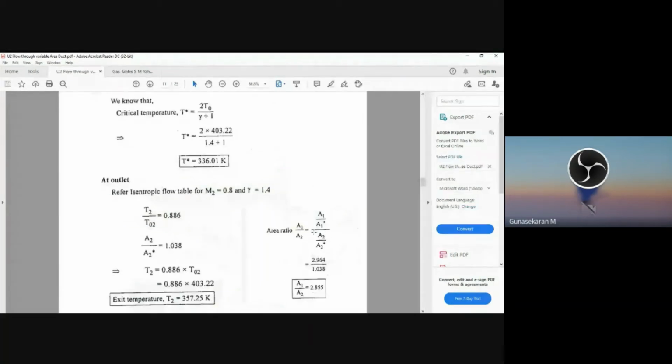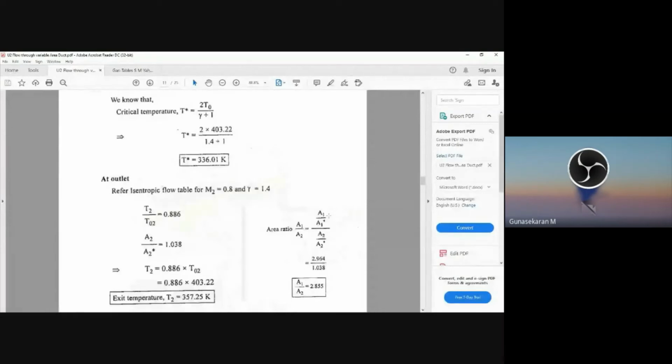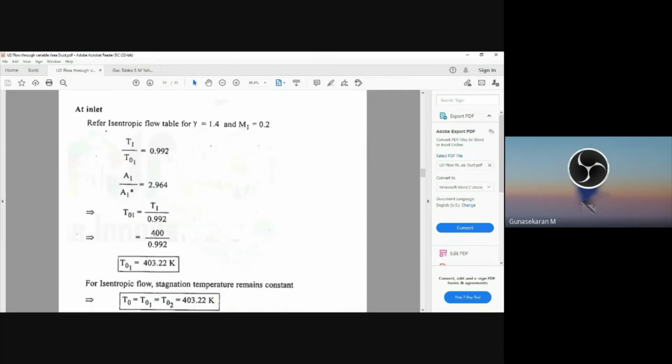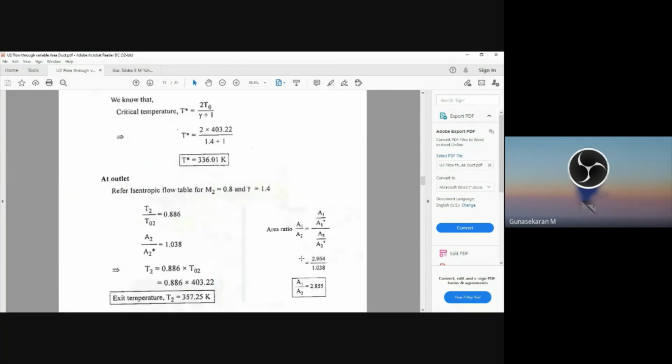And the area ratio is nothing but A1 by A2. That can be written as A1 by A1 star divided by A2 by A2 star. Both the values are known, A1 by A1 star and A2 by A2 star, which we got from the gas tables.